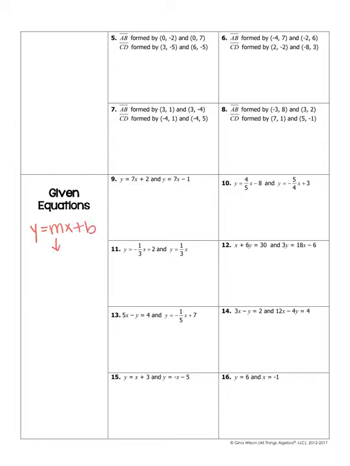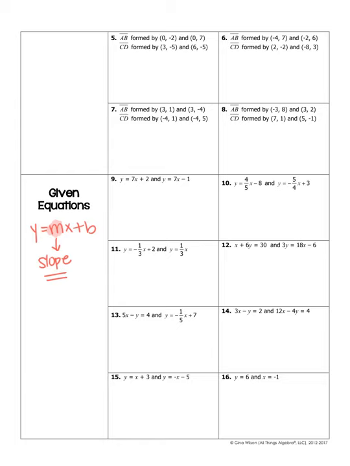So remember the m, this number in front of the x, will be your slope. This is the number I'm worried about, right? Because I want to know, is the slope the same? Is the slope opposite in sign and reciprocal, or is it none of that, so it's neither? That's what most of your problems are going to be like.